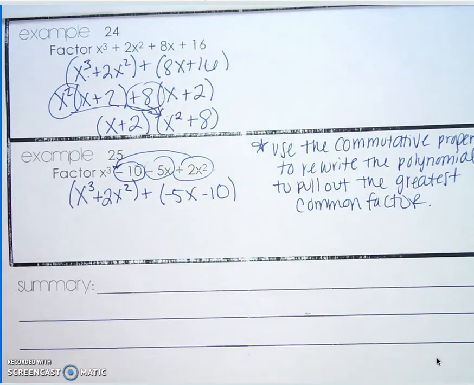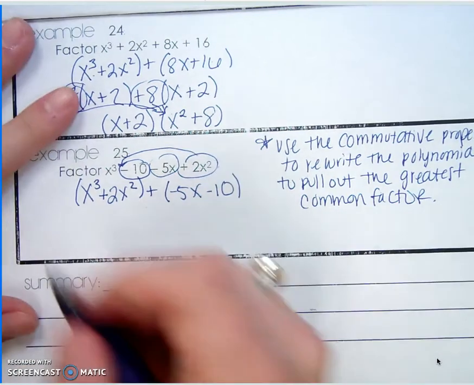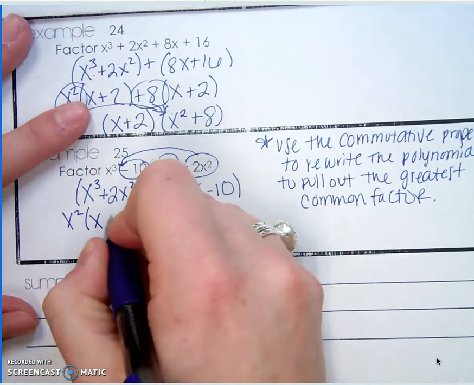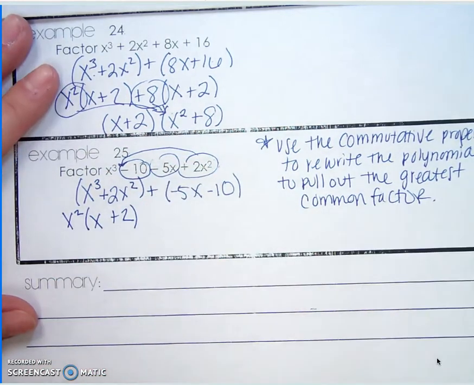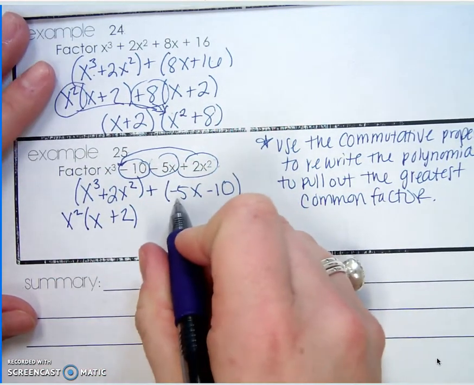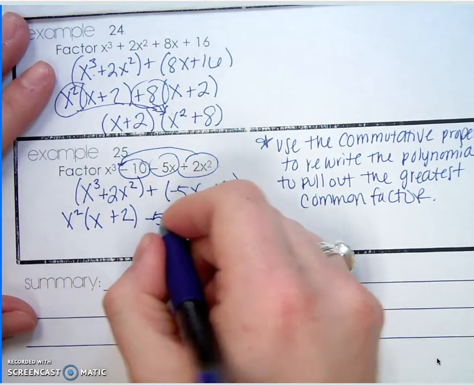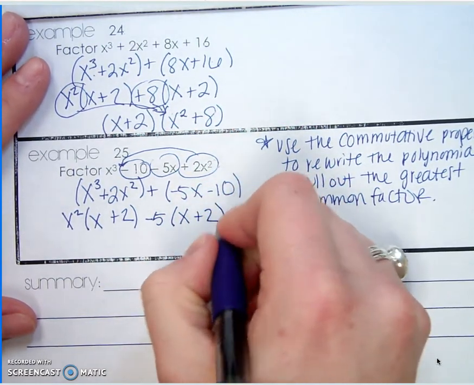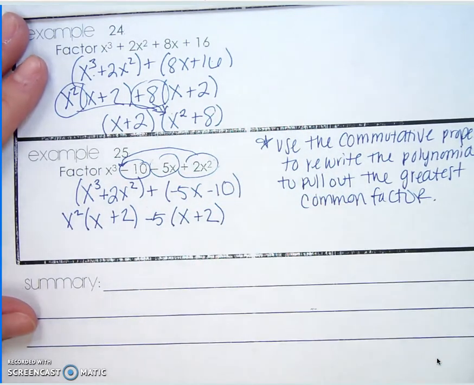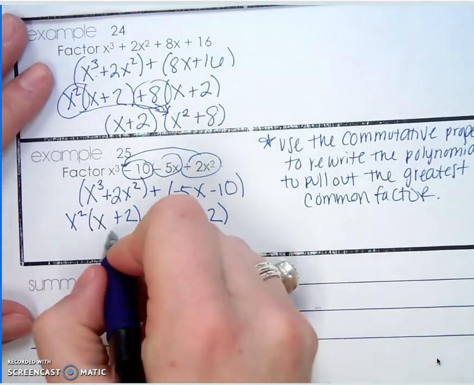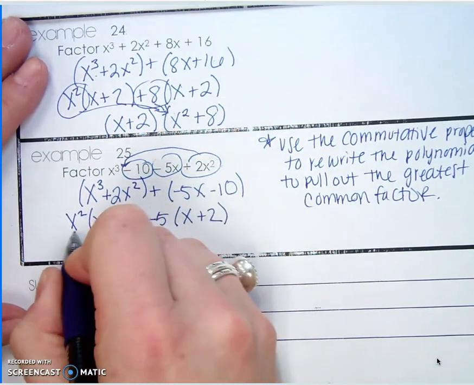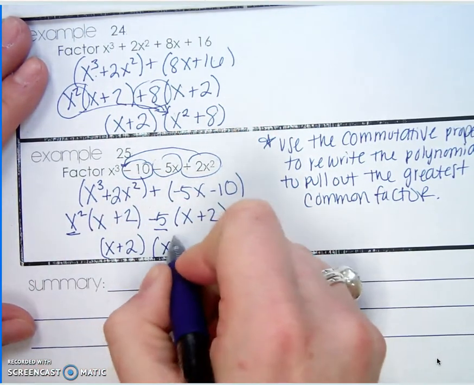Still factor out your GCF. I can pull out an x squared, and I'm left with x plus 2. And this is a negative 5. I'm going to pull out that negative 5, and I'm left with x plus 2. Negative 10 divided by negative 5 is positive 2. And then rewrite. My first binomial is x plus 2, and my second binomial is x squared minus 5.